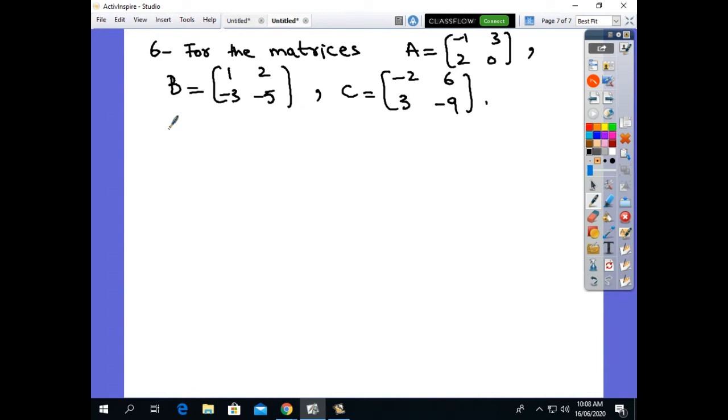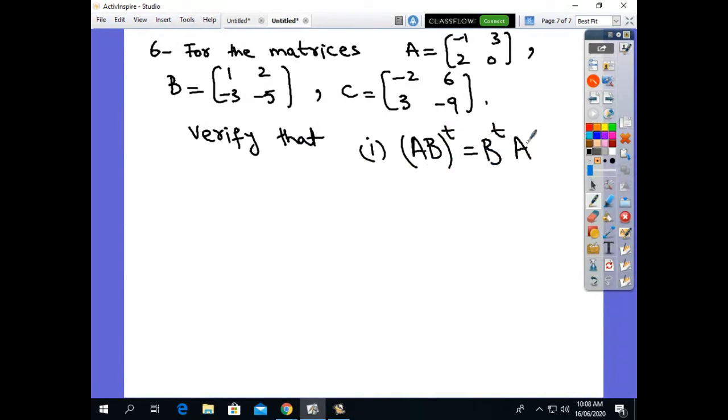Okay, in question number 6, for the matrices A, B and C, verify that the first part is (AB) whole transpose is equal to B transpose A transpose. Now first of all we take the left hand side.